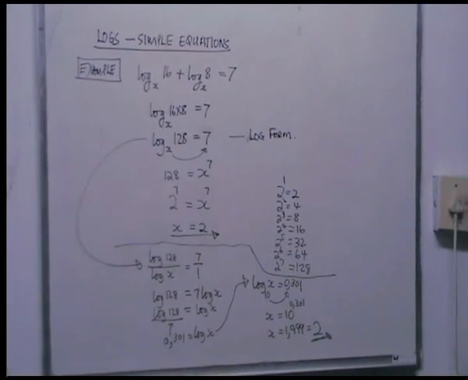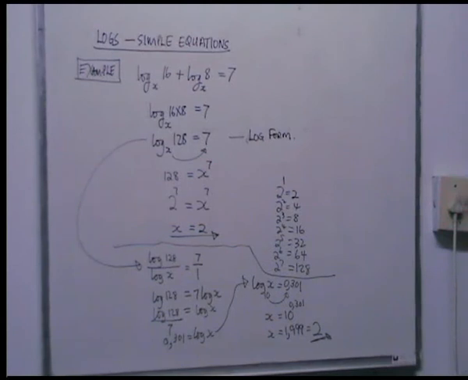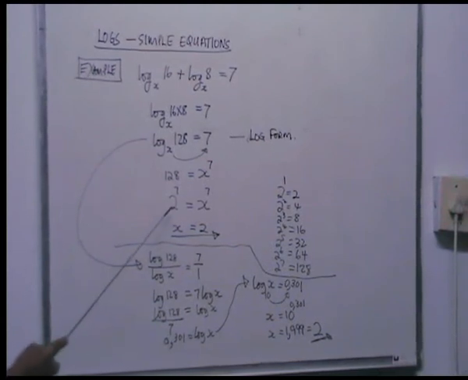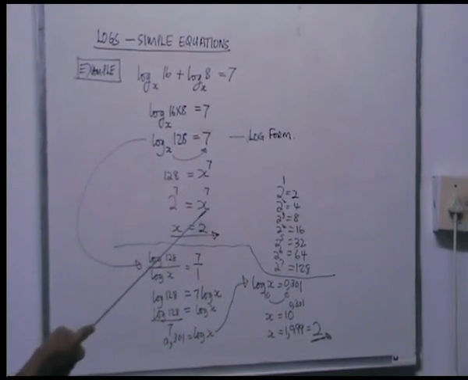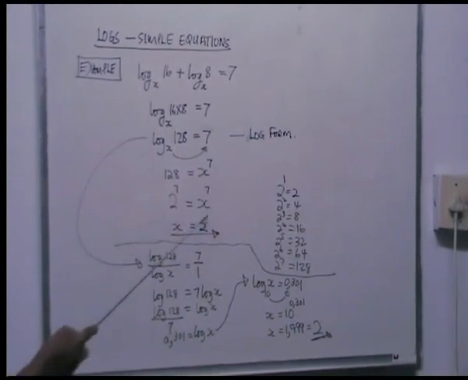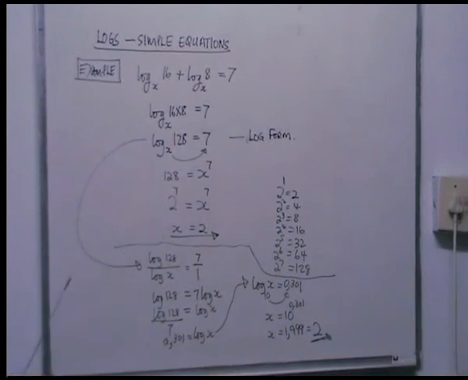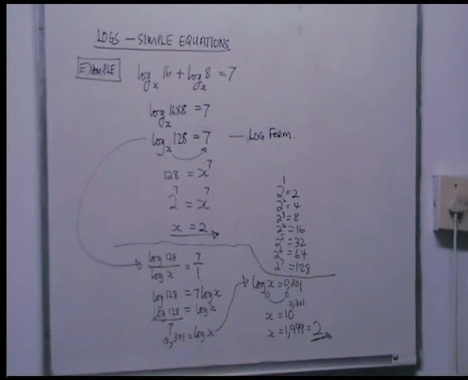Remember the other rule: if the bases are the same, you can make the indices equal. So there's two rules. If the indices are the same, you can make the bases equal. If the bases are the same, you can make the indices equal. That is something you learned under powers. Alright, let's give you an exercise and then you can try that and we'll take it from there.